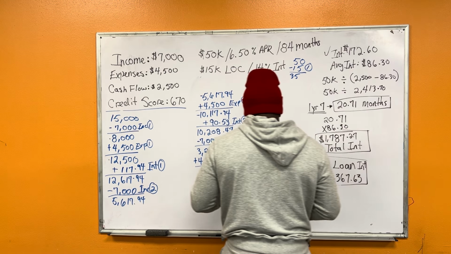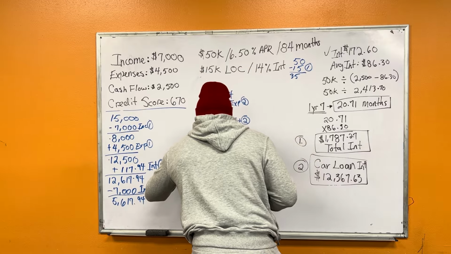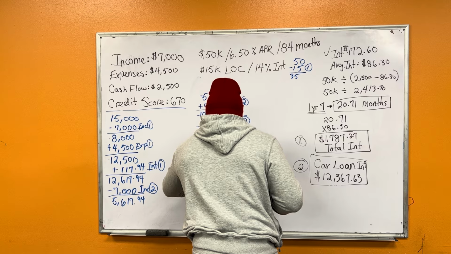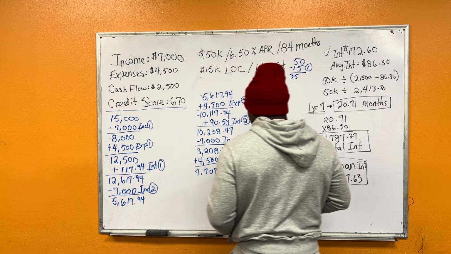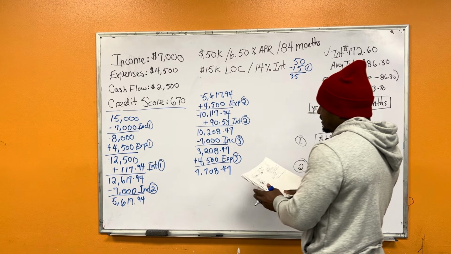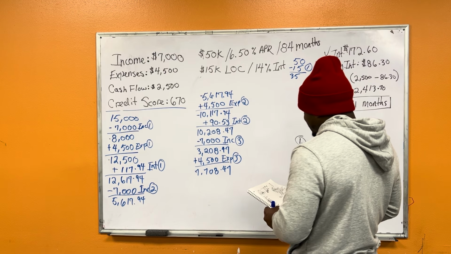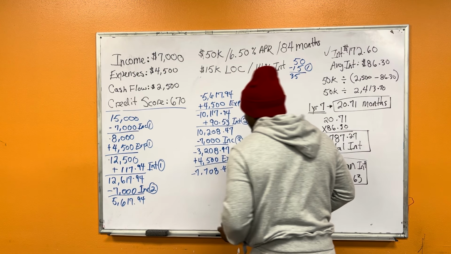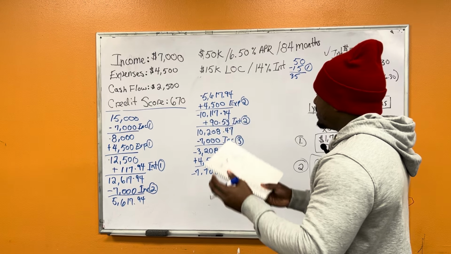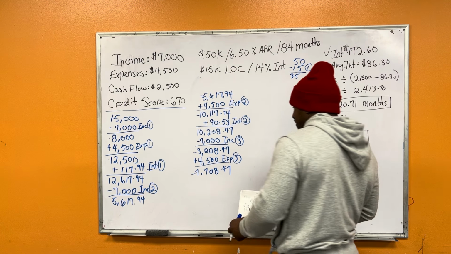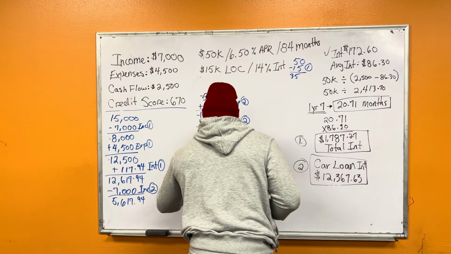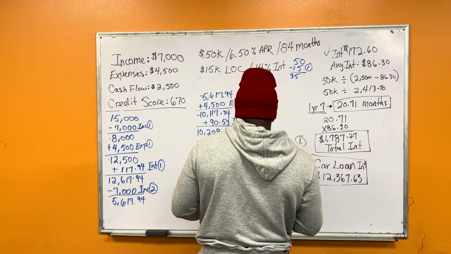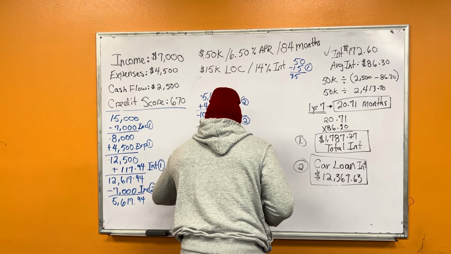That gives us $7,708.47, right? Now we get this number and this number, and we find the average daily balance, right? So the average daily balance of that is $62.80.